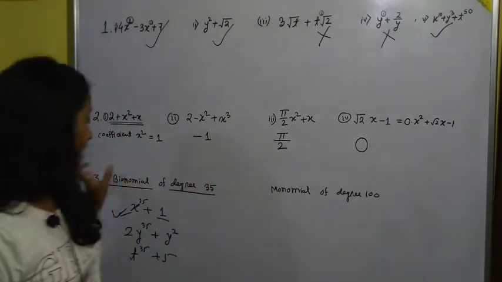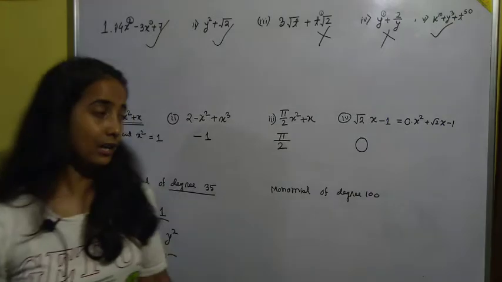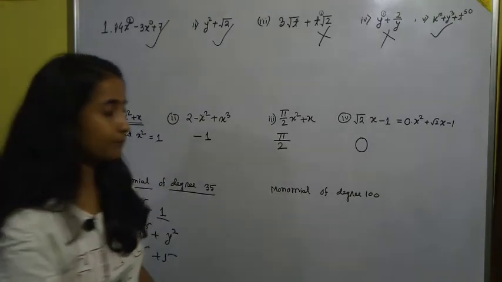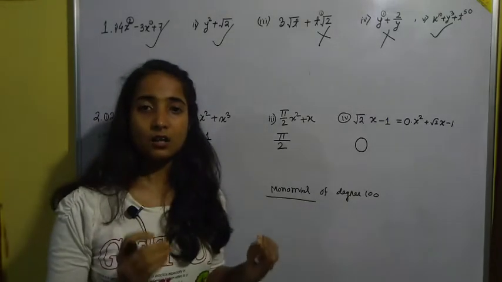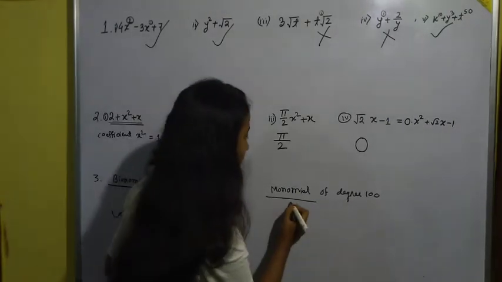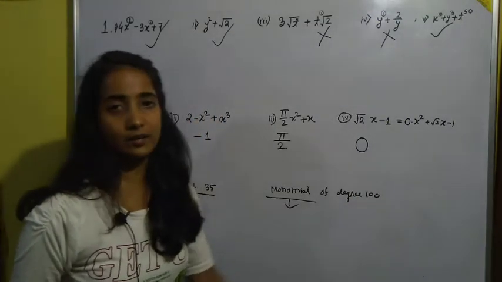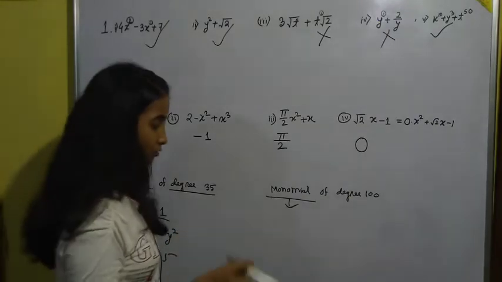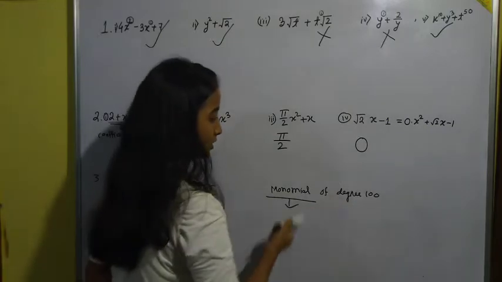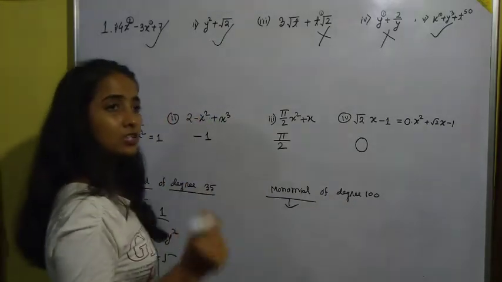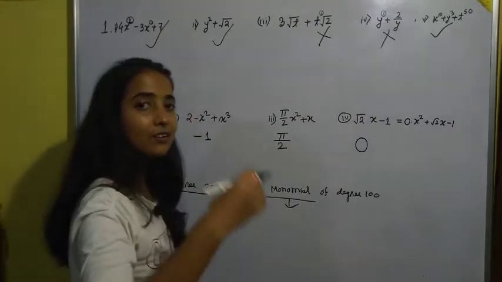Now, in question number 3, you have to give another example of a polynomial which should be a monomial. Which should be a monomial means it should contain only one term, and it should be of degree 100. That means this polynomial should contain only one term as well as degree 100.